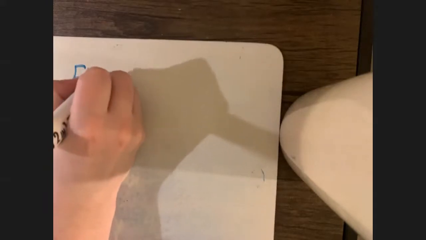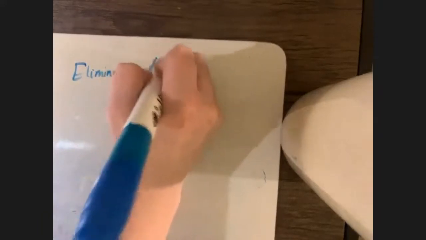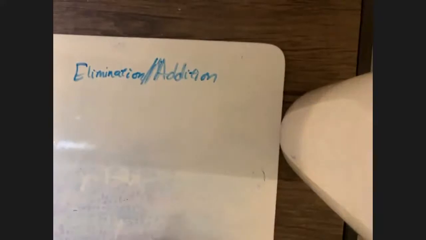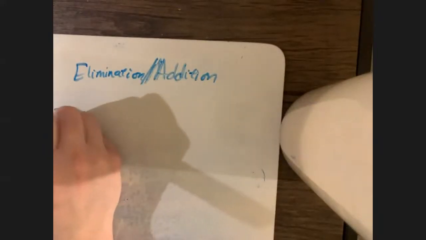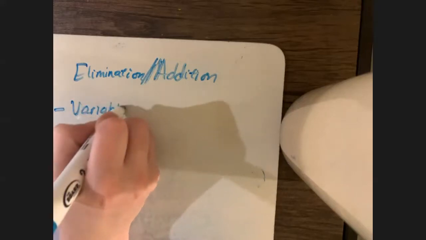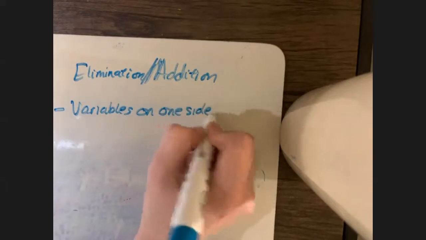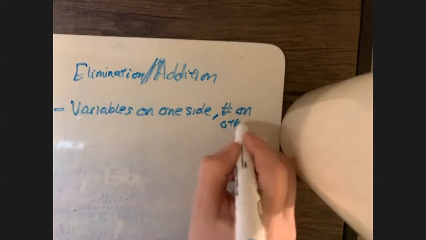So what you're going to do with this elimination/addition version is you're going to start. Sorry, I got to figure out where my screen is. Okay, so you want variables on one side, number on the other.